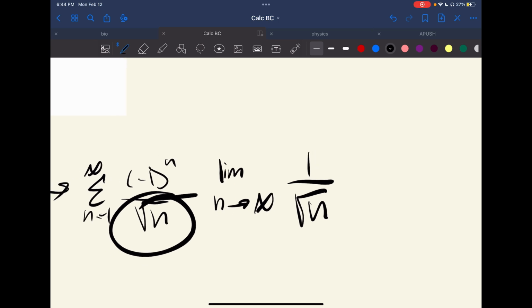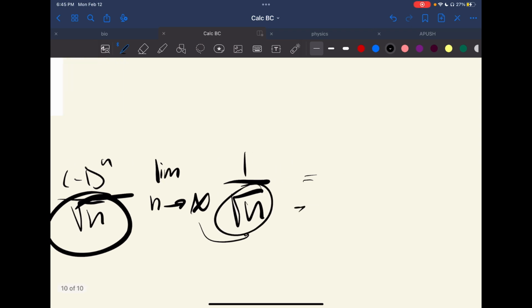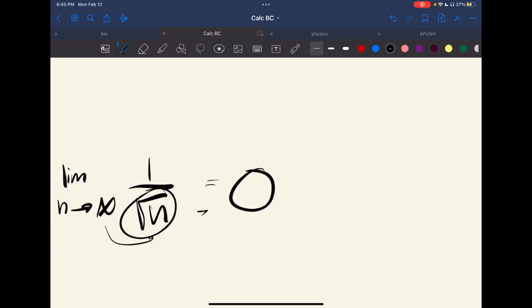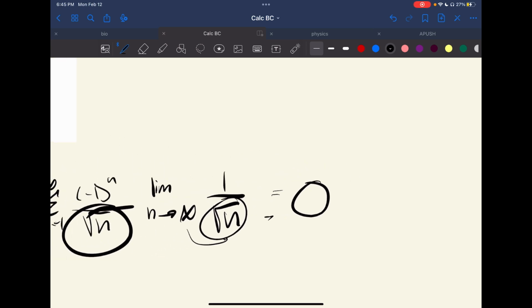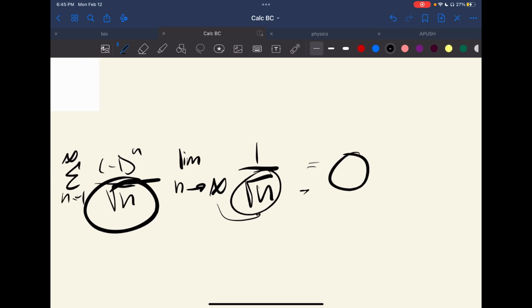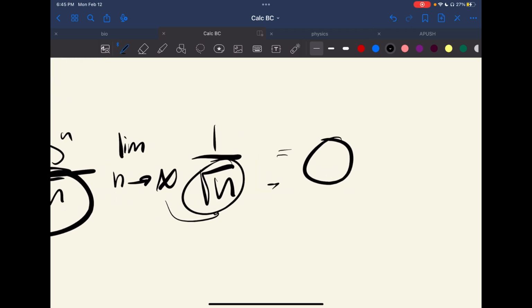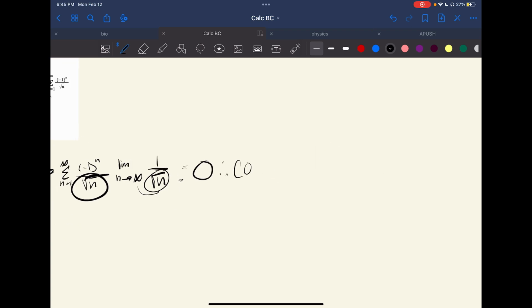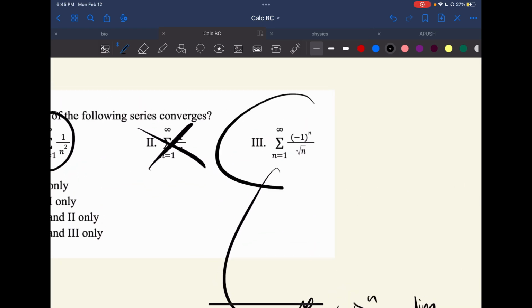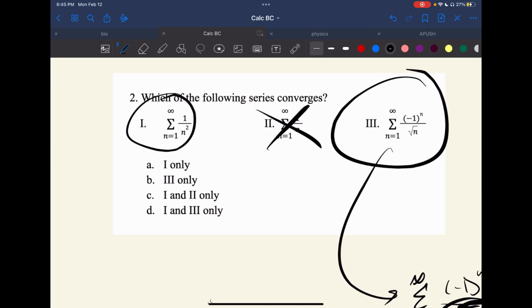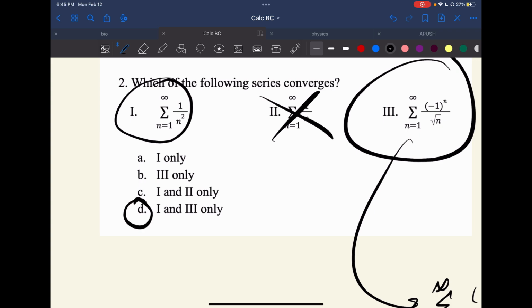And then you'll see that as you go to infinity, the denominator is going to get increasingly large, so it's going to go to 0. And by the alternating series test, if the limit as n approaches infinity equals 0, then it'll converge. So based off of this, these two converge, therefore the answer is D.